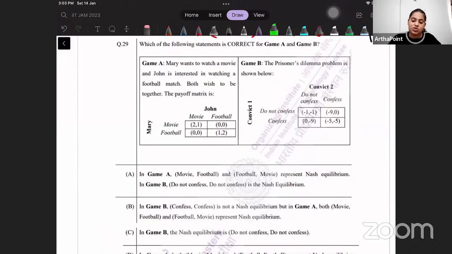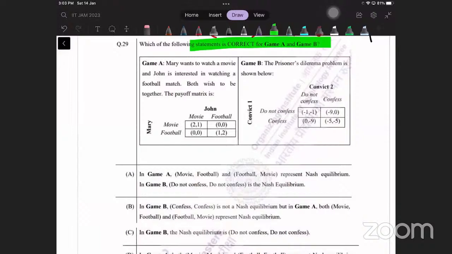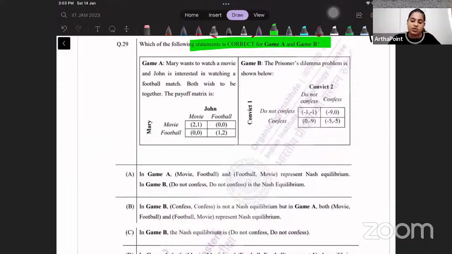Which of the following statements are correct? They have given a game of two individuals, A and B. Now, what I want you to understand here is that although this is a very basic question, it may happen that in the exam next time, we may be given mixed strategies.